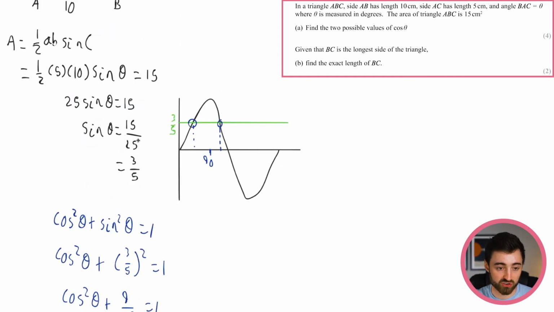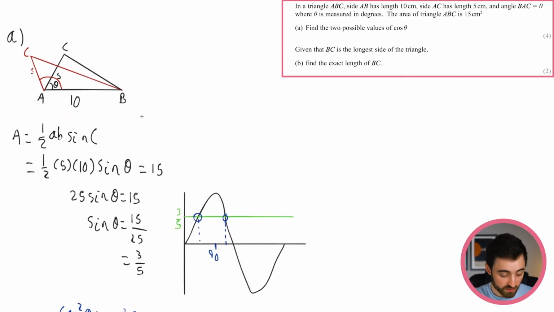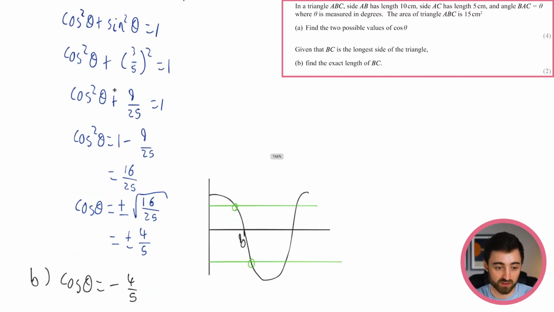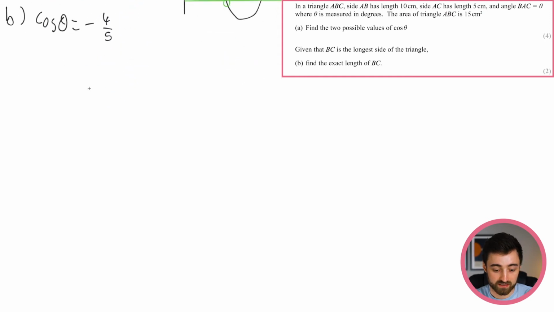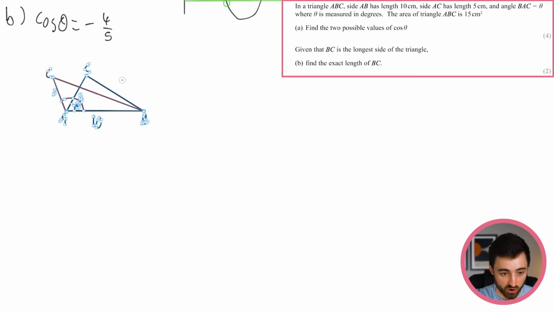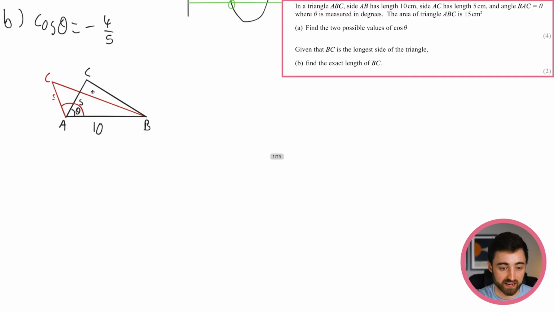Okay, so how do we get the length of BC? Let's look at this triangle again, and let's be clever and copy and paste, because it would be nice to have all of this down here. So, what are we doing now? We essentially have the red one, don't we? So if we get rid of this, here we are. We want the length BC.